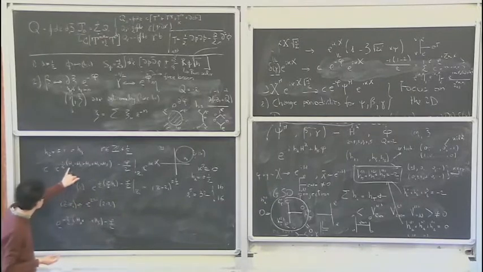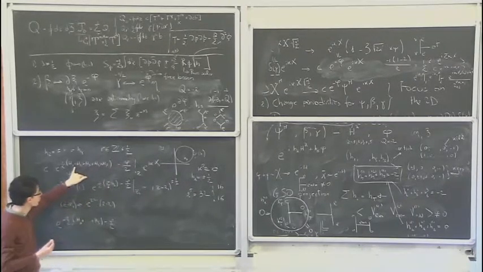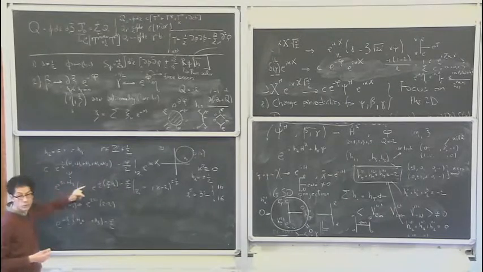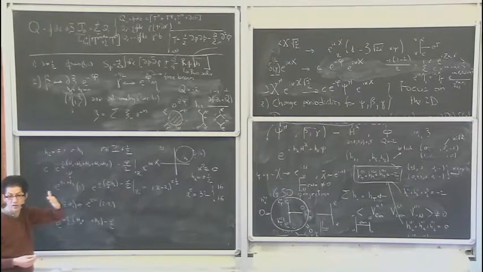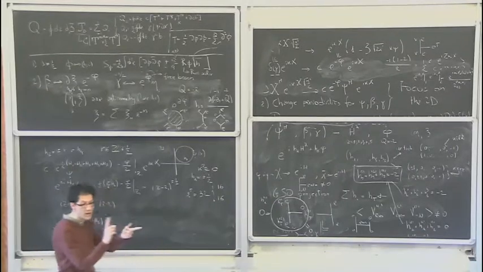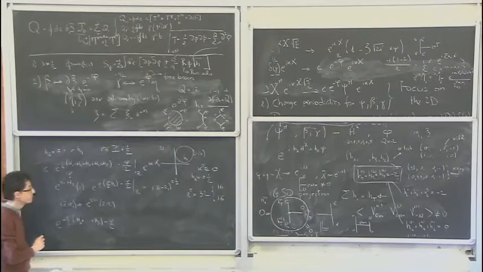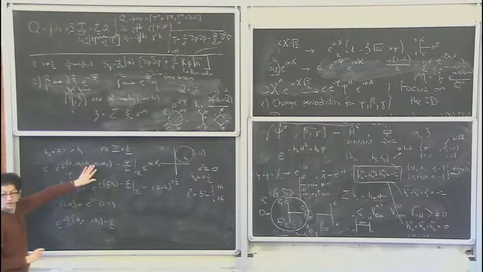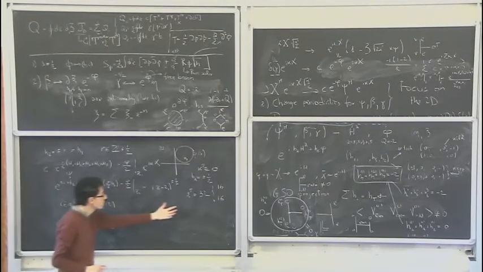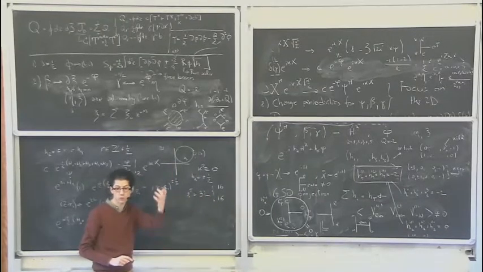This representation is not entirely obvious in this language because we broke the Lorentz group into U1, U1, U1, right? So we broke the Lorentz group when we paired the psi's to form this H. So that's why it's not entirely obvious. But do you know any representation of the Lorentz group that has dimension 32?